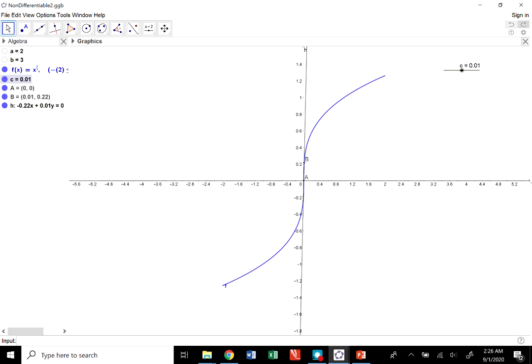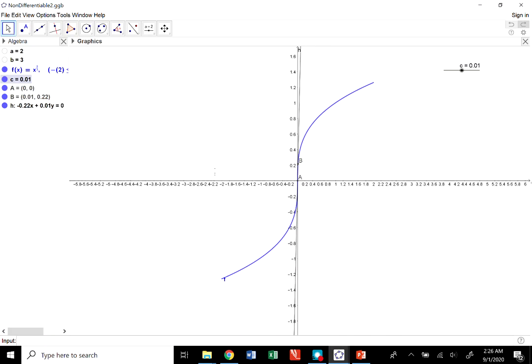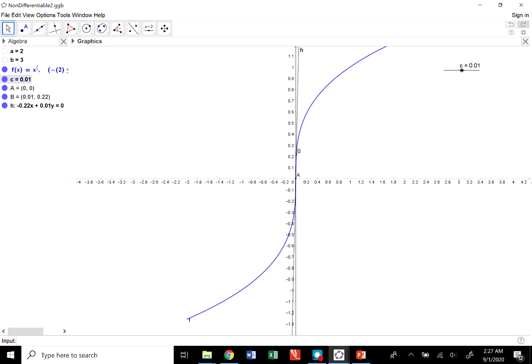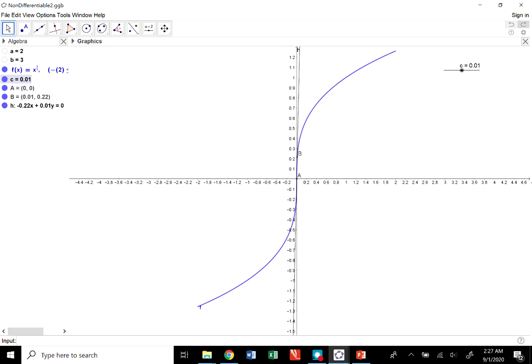Its slope is undefined, right? And because of that, we have a problem. So when would a function be not differentiable? What would be another situation where a function would not be differentiable? When the tangent is vertical. That's the point I want to make.